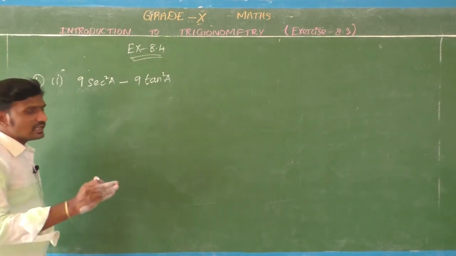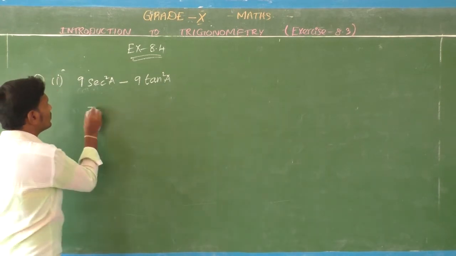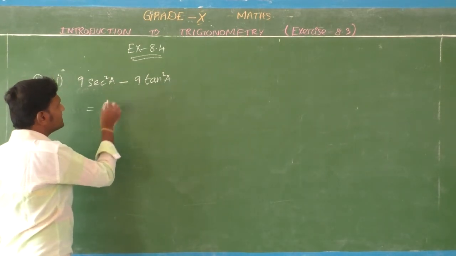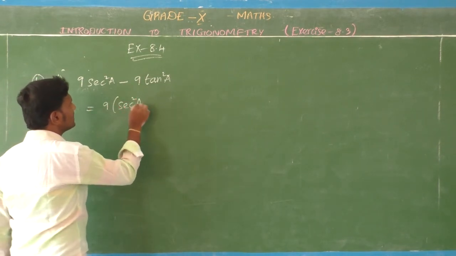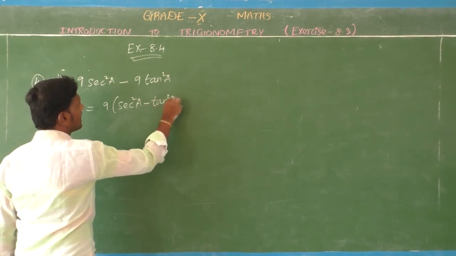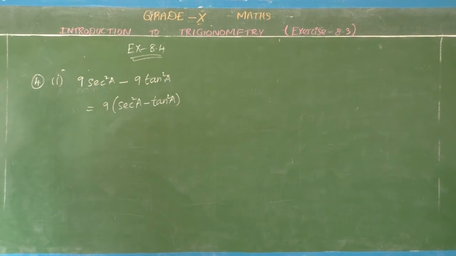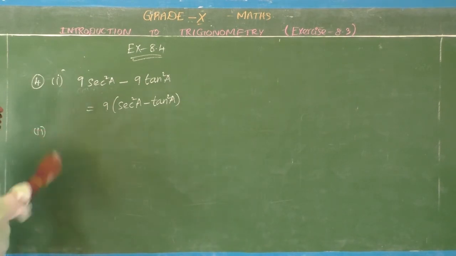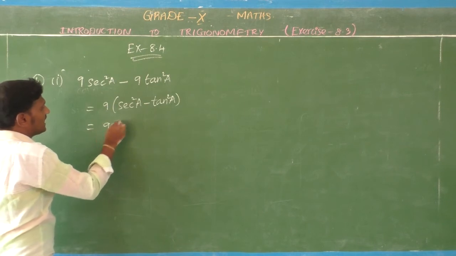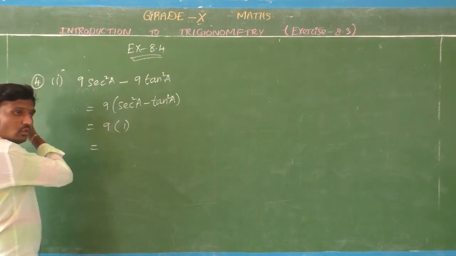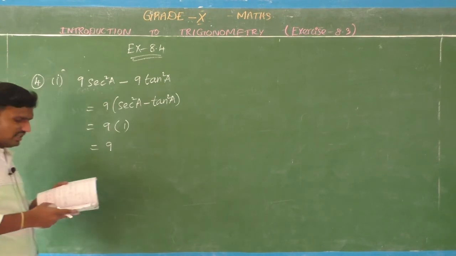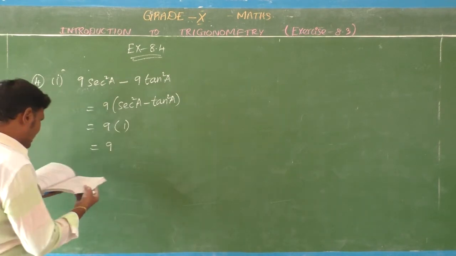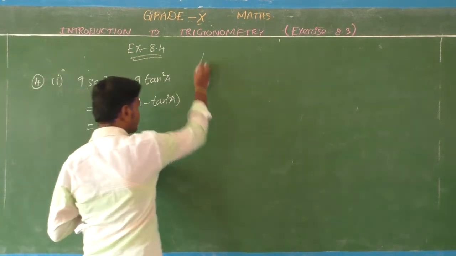In both terms 9 is a common factor. If I take 9 outside, you are going to get 9 into secant square A minus tan square A, which is equal to 9 into 1, since secant square A minus tan square A is equal to 1. So the final answer is 9. Your correct option is option B, 9.